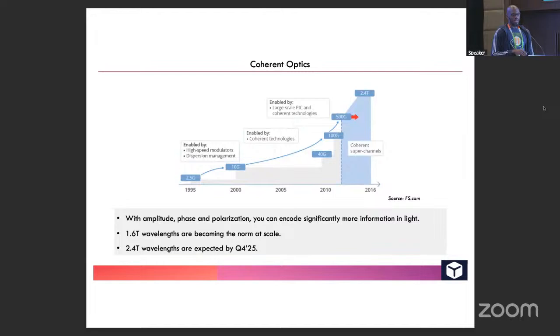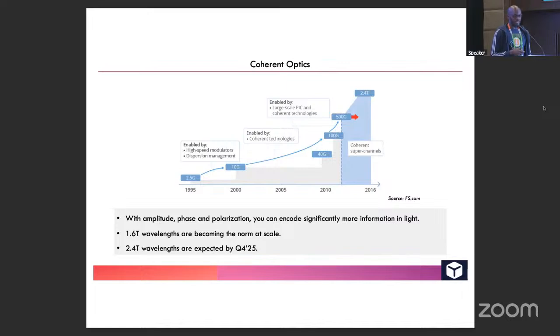So if you look at the history of where coherent came from, as you can see, up until 2010-ish is where you had 10 gig, 40 gig, which was mostly based on IMDD. So this is pre-coherent. And then you can see a sharp lift from about 2012 onwards, when coherent becomes commercialized.